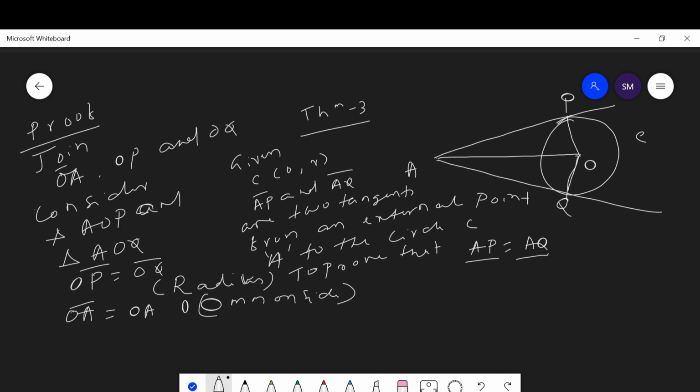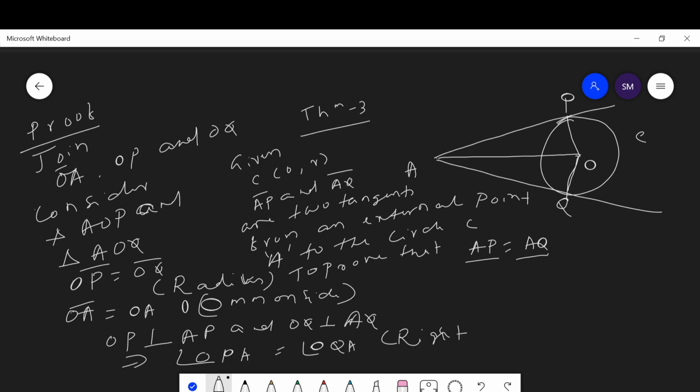As we know, OP is the radius perpendicular to AP and OQ is perpendicular to AQ, which shows that angle OPA is equal to angle OQA, a right angle. Perpendicular means they are right angles.